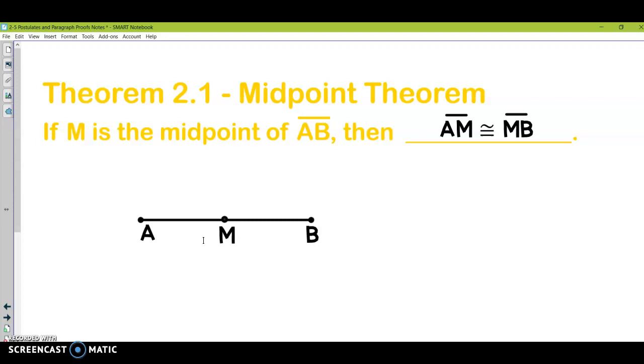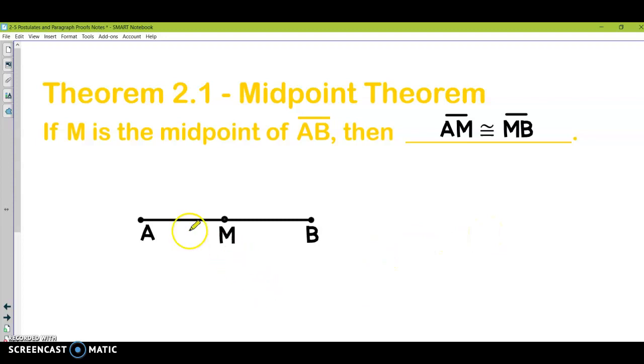So the midpoint theorem, and we can prove this, it's been proven multiple times, says for any segment, if you know that a point is the midpoint, that it divides it into 2 congruent segments. So if M is the midpoint of segment AB, then we know that those 2 new segments that are made by that midpoint are congruent. So segment AM is congruent to segment MB.